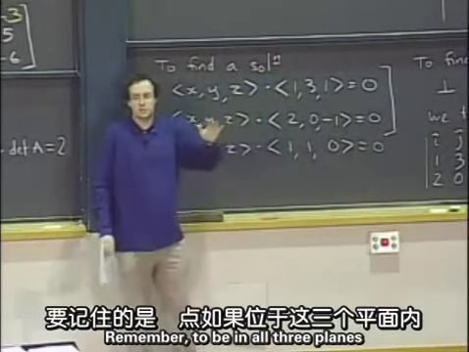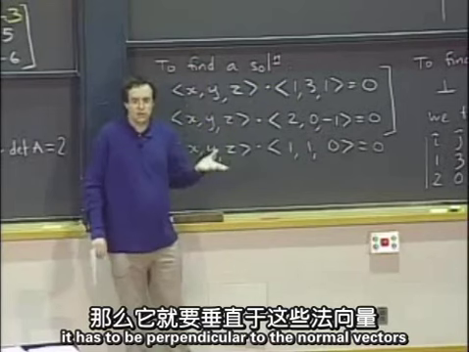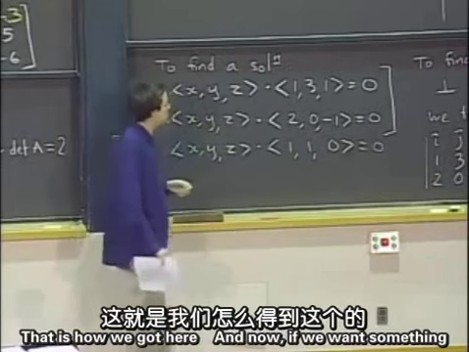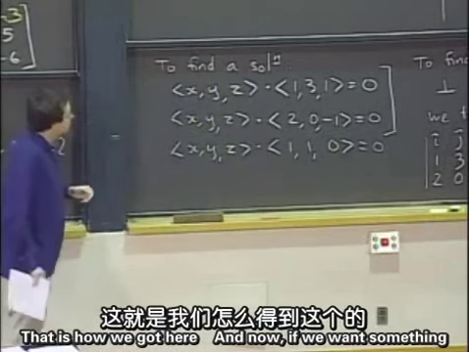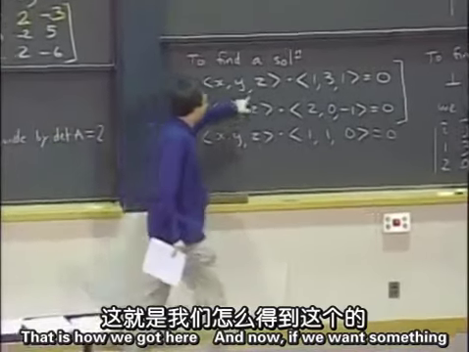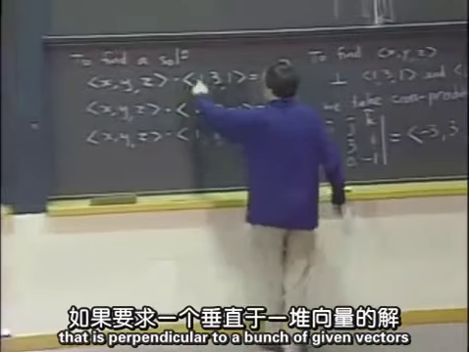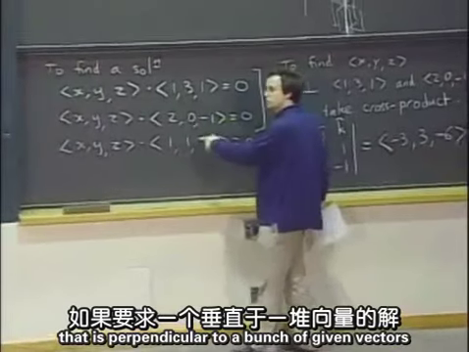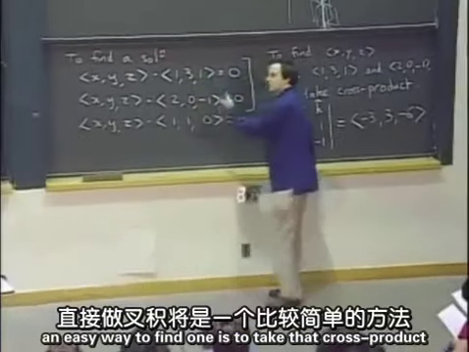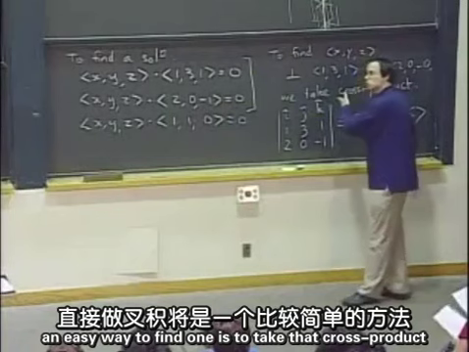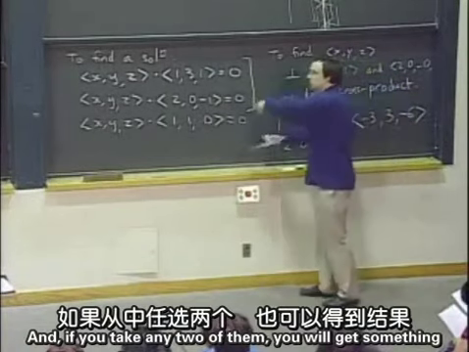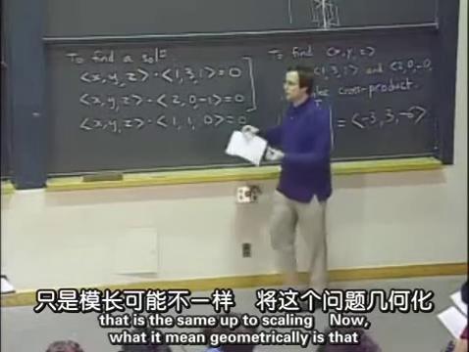Remember, to be in all three planes, it needs to be perpendicular to the normal vectors. So that's how we got here. And now, if we want something that's perpendicular to a bunch of given vectors, well, to be perpendicular to two vectors, an easy way to find one is to take the cross product. And if you take any two of them, you will get something that's the same up to scaling.